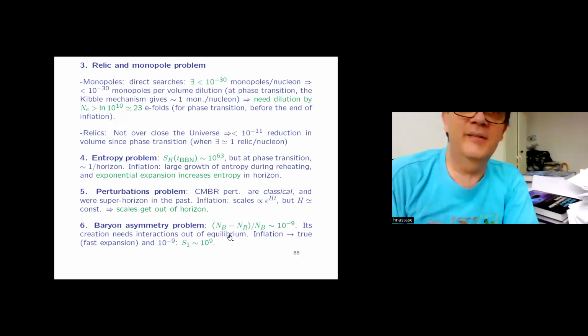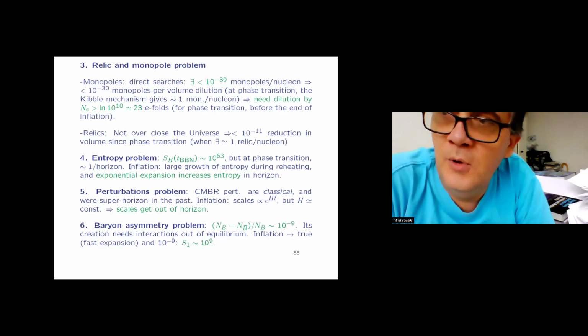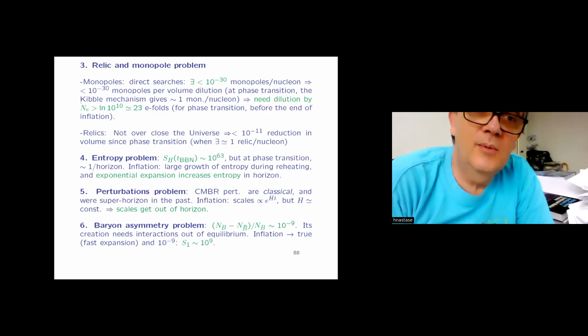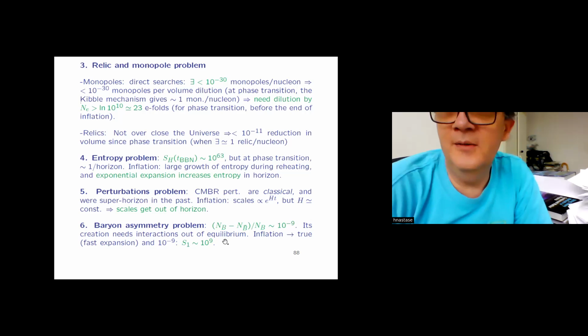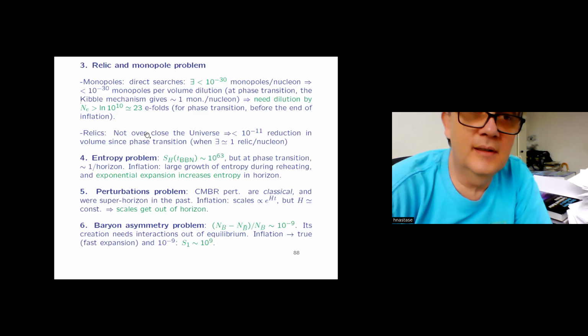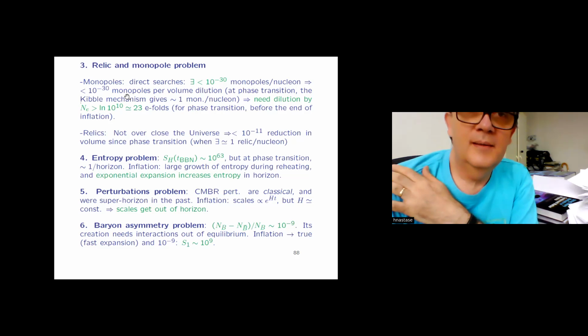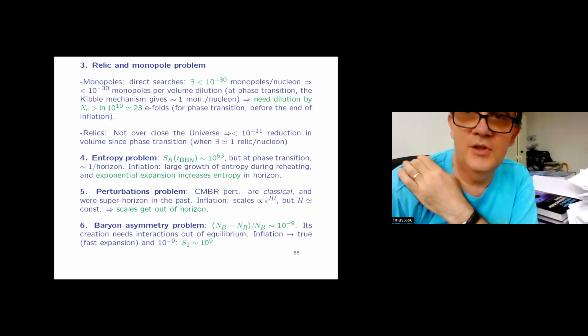Then we have the relic and monopole problems. So what is the problem? The problem is we don't see either monopoles or relics. Direct searches for monopoles found that there are less than 10 to the minus 30 monopoles per nucleon, which means there's at the very least a 10 to the minus 30 dilution of the monopoles.